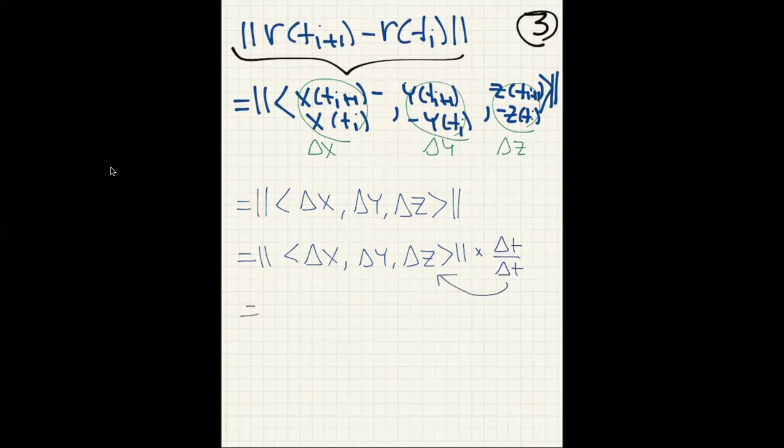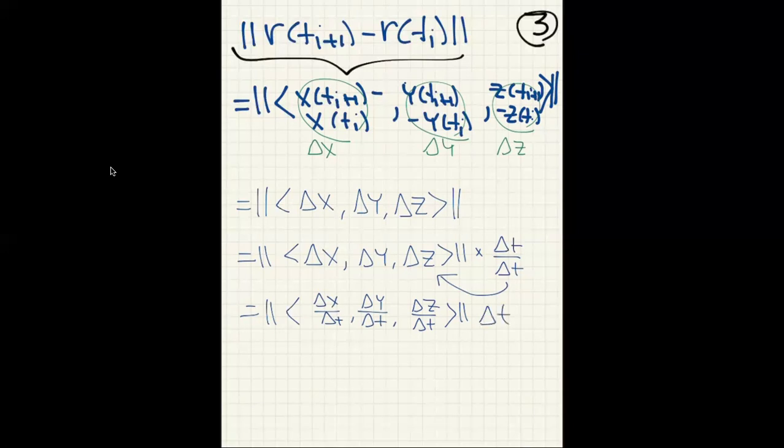So now I have the magnitude of delta x over delta t, delta y over delta t, and delta z over delta t. That denominator pulled inside because numbers scale nicely with the magnitude, but I still have that delta t on the outside.